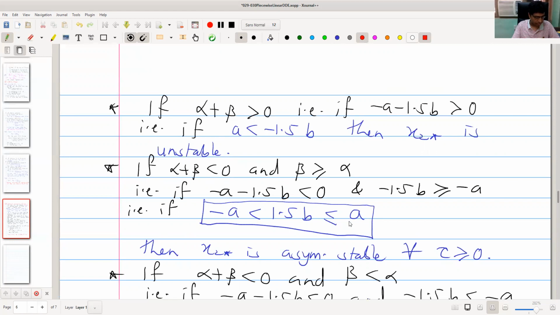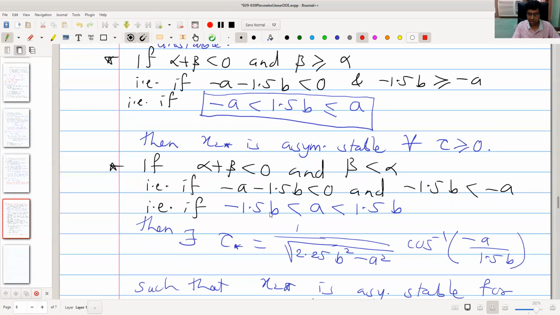Yeah, this 1.5b is 0.3, and a is 0.16. So this condition is also not satisfied.